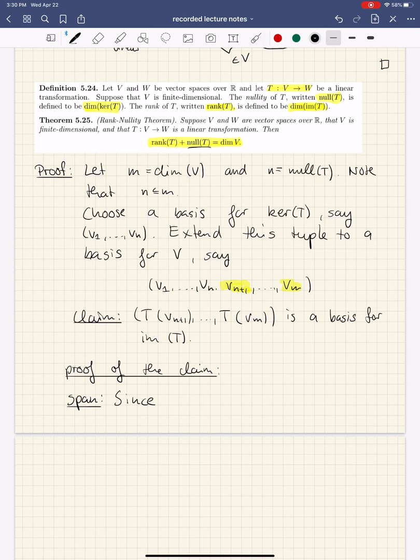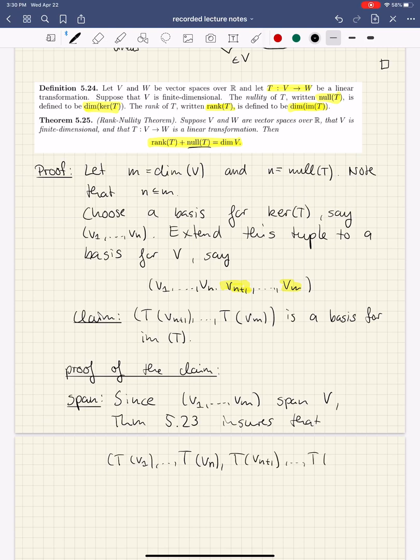Since v1 through vm spans V, the previous theorem, theorem 523, ensures that T of v1, and let me write it this way to break it down, until T of vn, T of vn+1, all the way up to T of vm, spans the image of T.